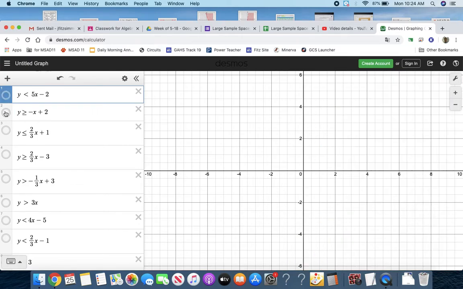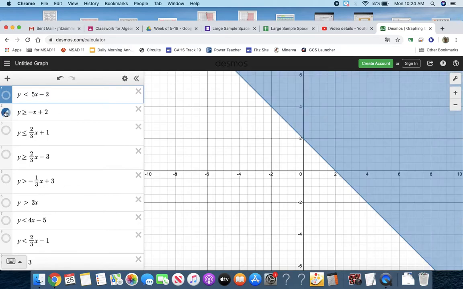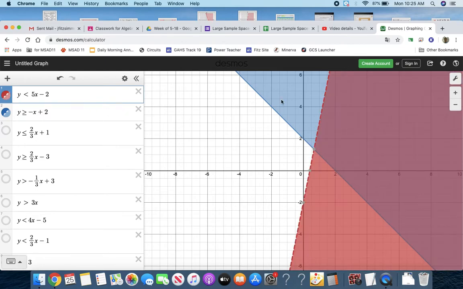So if I turn this one off and put this one on, another inequality, y is greater than or equal to negative x plus 2, could be shown by this graph. It starts at 2, it's going down 1 over 1, so that's a great looking graph, and it's a solid line. But if I put them both together, the only place where both of them are shaded is this part up here on the right.